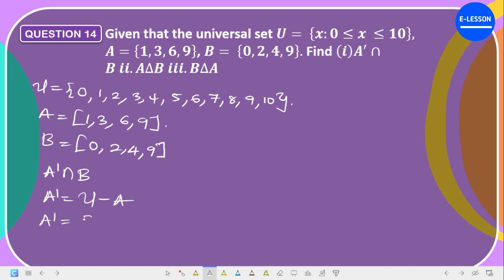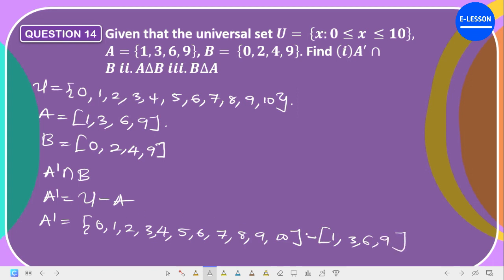A prime will be equal to the universal set, 0, 1, 2, 3, 4, 5, 6, 7, 8, 9, 10, minus A, which is 1, 3, 6, 9. And then when you subtract, 1 is gone, 3 is gone, 6 gone, then 9 gone.